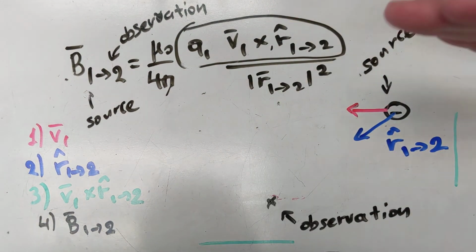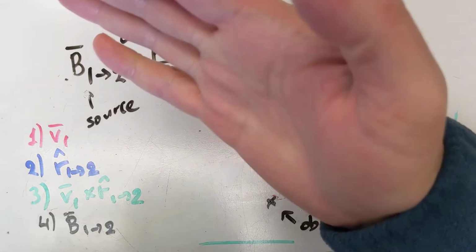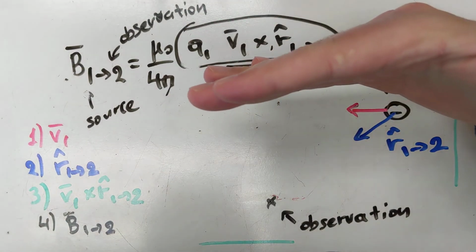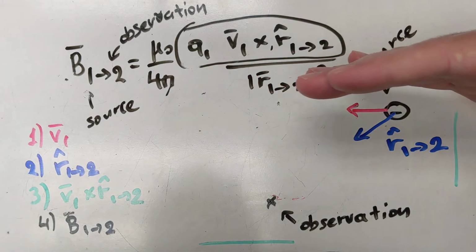And now I need to use the right hand rule to find the direction of the cross product. Point the fingers of the right hand towards the first vector, curl them, move them in the direction of the second one, and my thumb will show us where this is going.